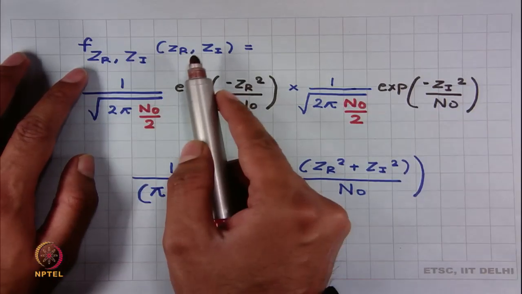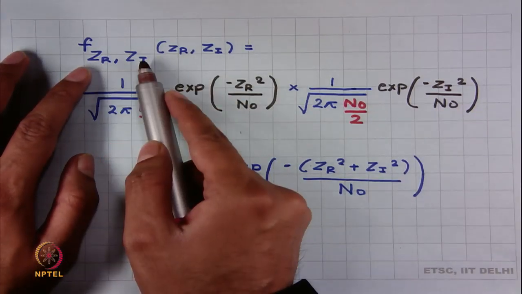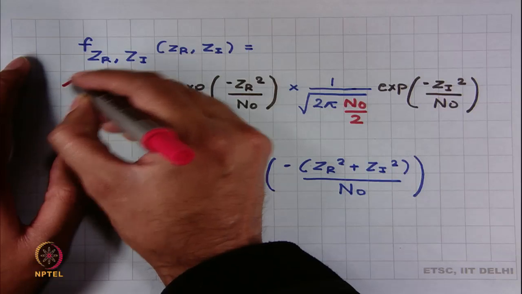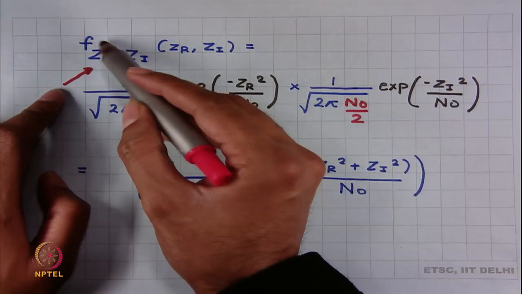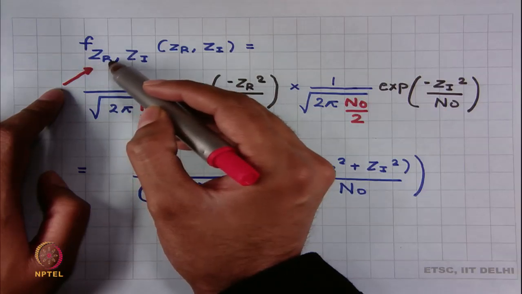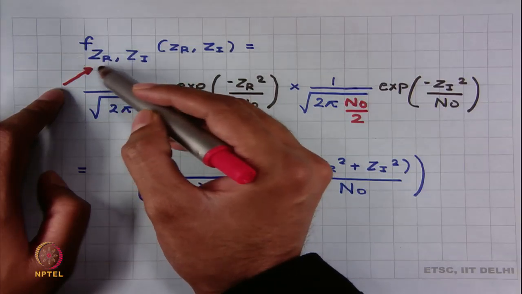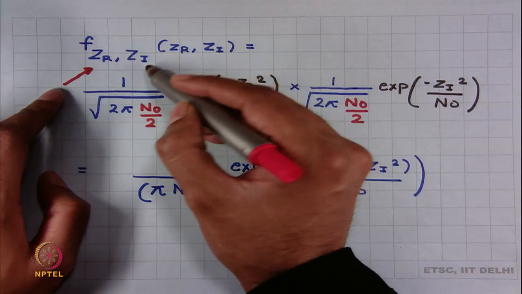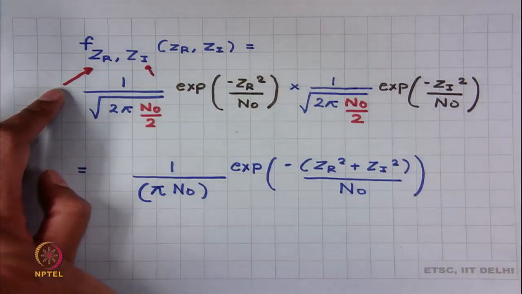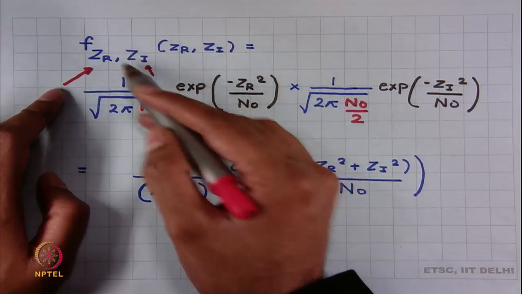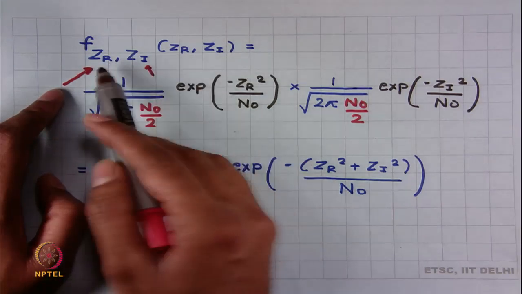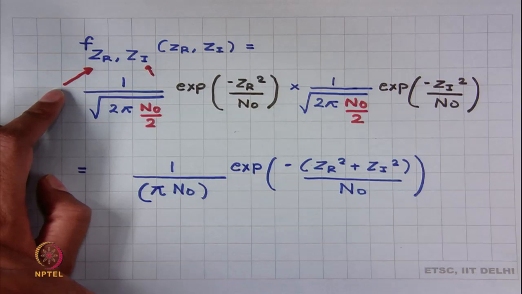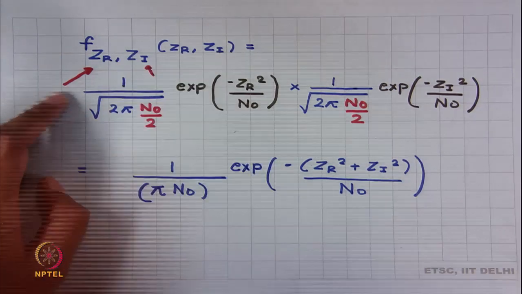So, let us look at the joint PDF of ZR and ZI. ZR is the random variable in the real part of the proper complex Gaussian random variable, and ZI is the random variable in the imaginary part. What we are interested in is the joint PDF of ZR and ZI.